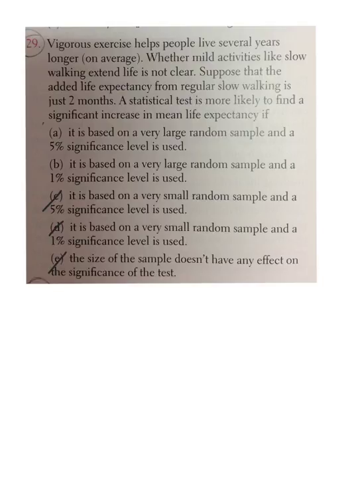Because we would probably say that the null hypothesis would be that there's no change. Okay, and we have a better chance of rejecting the null hypothesis at a 5% significance level versus a 1% significance level.